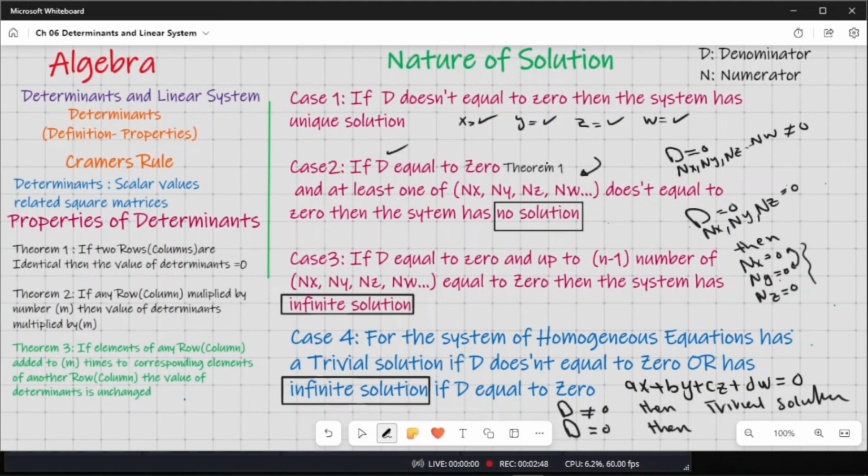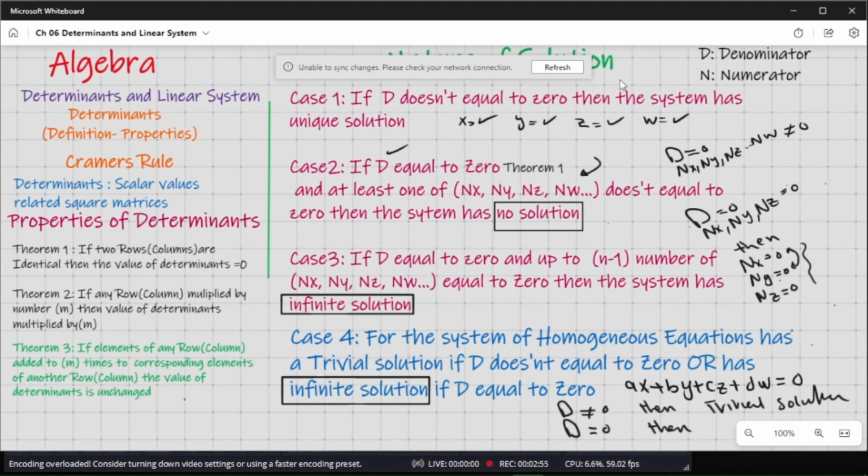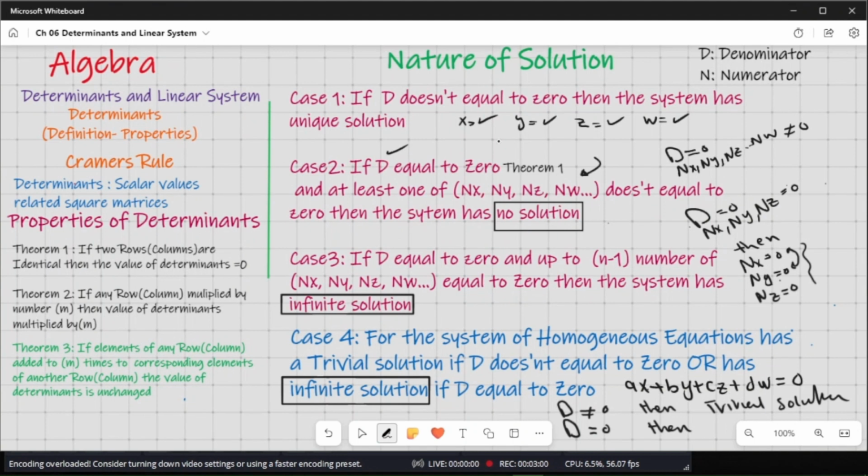Okay, I hope this chapter of determinants and linear systems is clear. We talked here about the definition of determinants and the properties of determinants related to these theorems, and we use these theorems to get the value of any determinant.